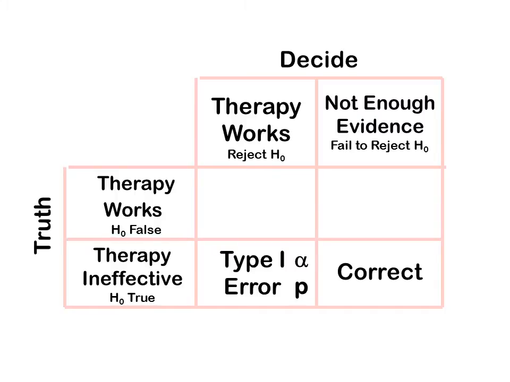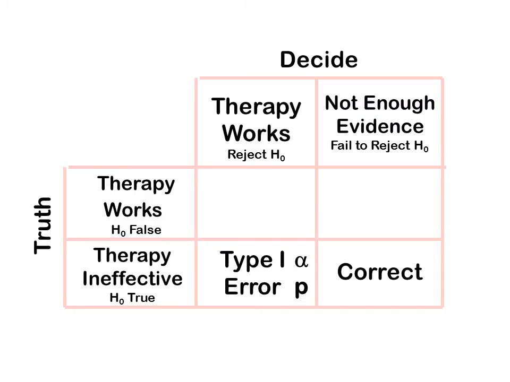It's impossible to make a type 2 error if the therapy really is ineffective. And the reason for that is a type 2 error is not realizing a therapy works when it really does. And in this case, it doesn't work, so we can't make a type 2 error.